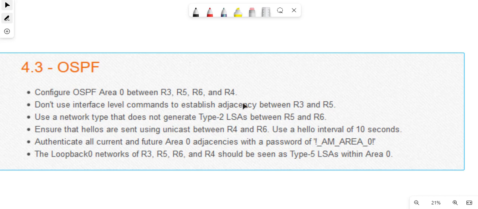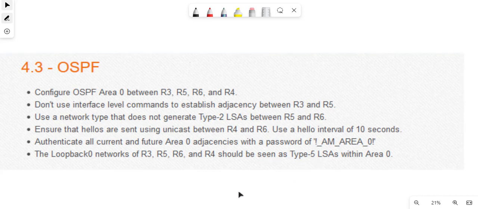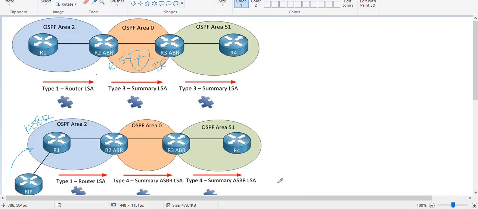Okay, to force the loopback as type 5, we have to distribute this loopback into OSPF.